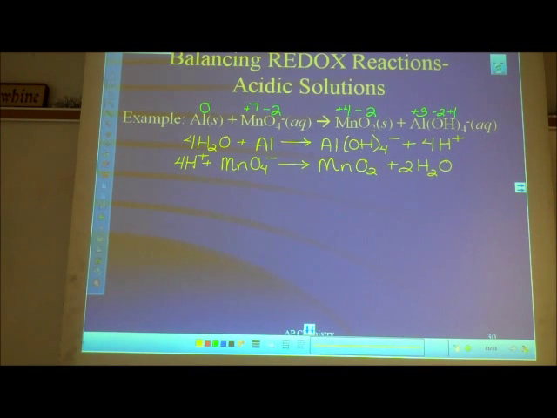And here is the thought process. Look at the left-hand side of this aluminum half reaction. Does water have an overall charge? No, it's neutral. How about aluminum? No. This entire left-hand side has an overall charge of 0.